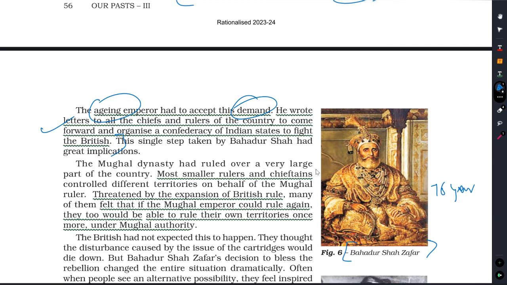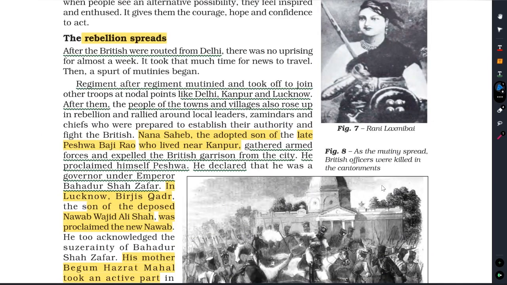He gave permission and orders for other rulers to come and unite to fight the British Empire. This is how the rebellion spread: after the British were routed from Delhi, regiment after regiment joined this mutiny. The regiments of Delhi, Kanpur and Lucknow all joined this mutiny.